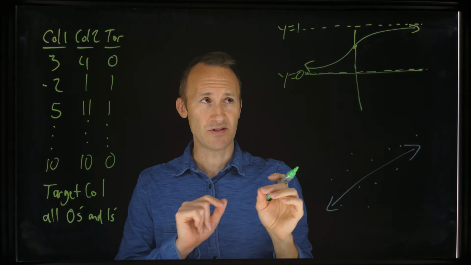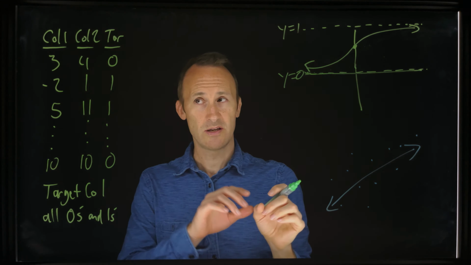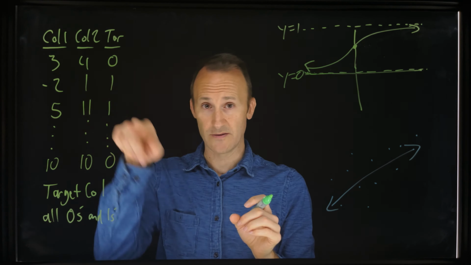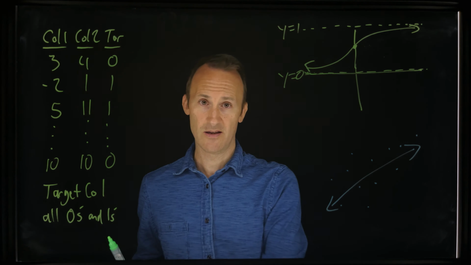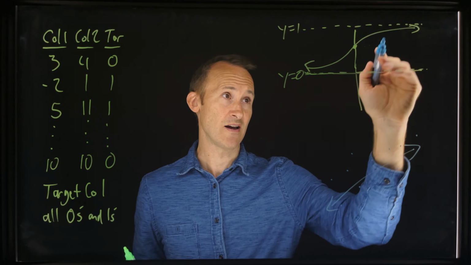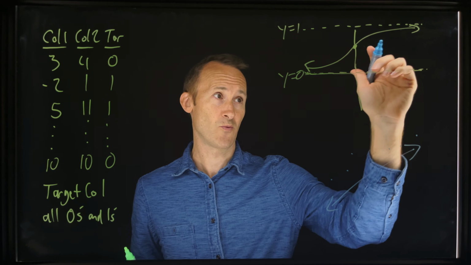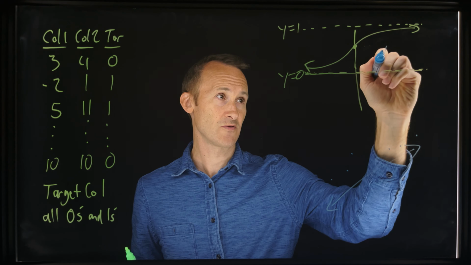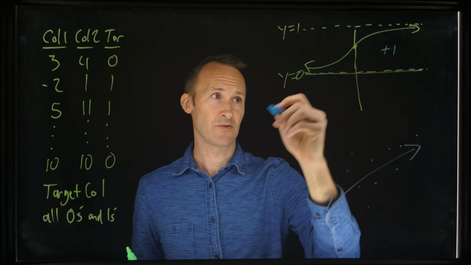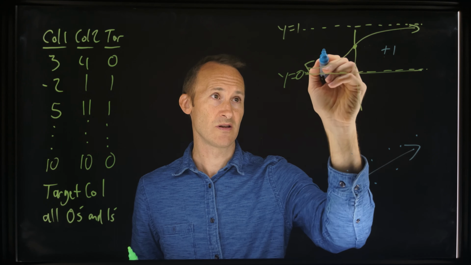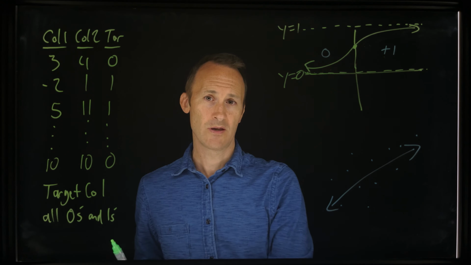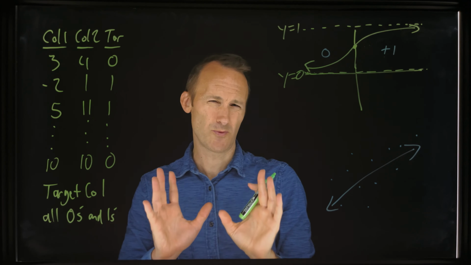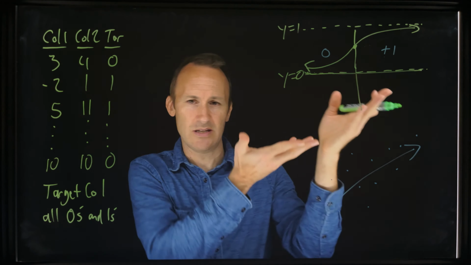So do you see how this visual is ideal for a target column with 0 and 1? Because I can say that everything on the right side, where y is greater than 1/2, is going to go into the 1 bin. And everything on the left side is going to go into the 0 bin. Okay? And so how do I go from here to here?